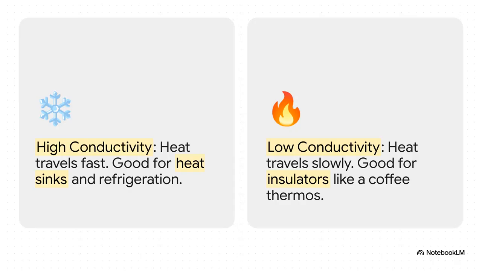Imagine it's a highway for heat, right? Materials with high conductivity, like metals, they're like a superhighway. Heat just zips right through. That's perfect for something like a heat sink in your computer that needs to get rid of heat fast. But low conductivity materials? They're like a slow, bumpy country road. Heat barely moves at all, which is exactly what you want for your coffee thermos.